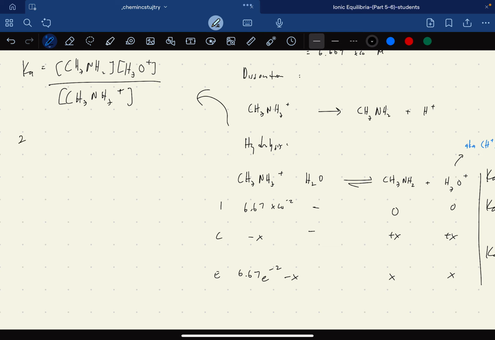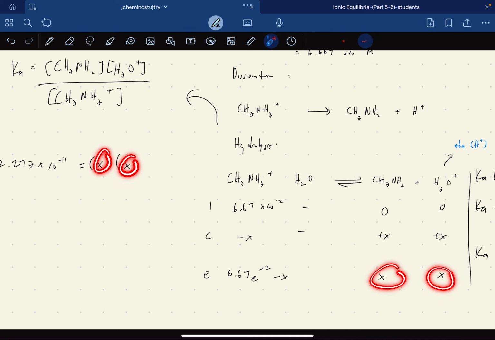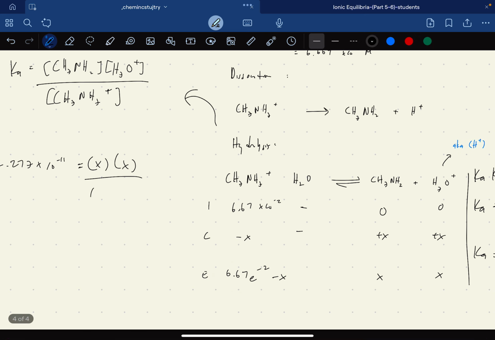This one equals x times x over this one, which at equilibrium is 6.67 E negative 2.